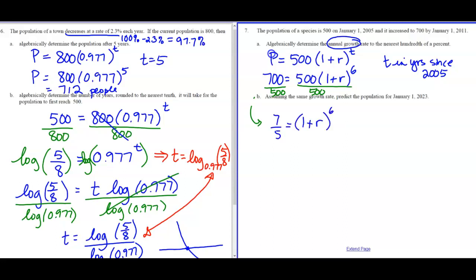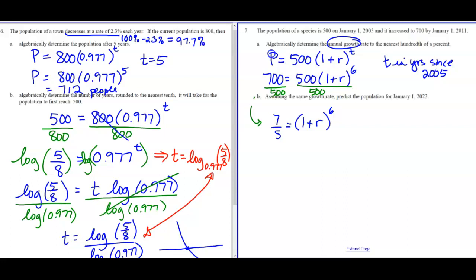So we did some of these before. We want to get 1 plus R by itself. You could just call it B, right? It's your B value. You can call it C, B, whatever. I'm splitting it up so that you make sure that you give me the correct percent.